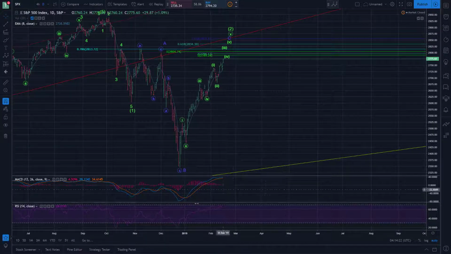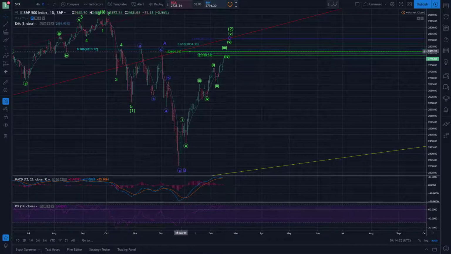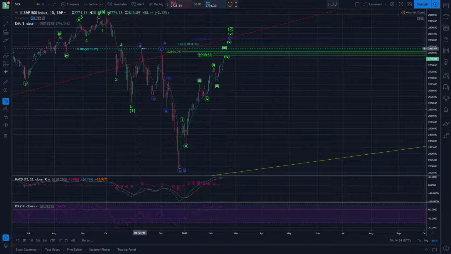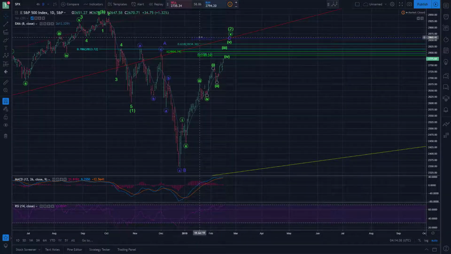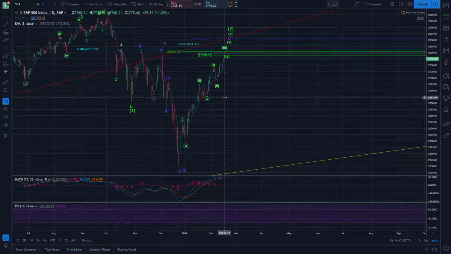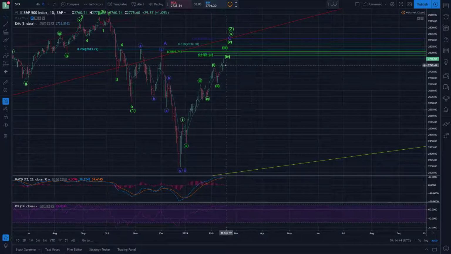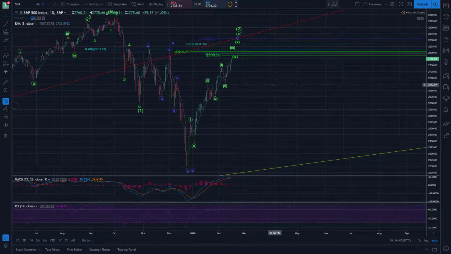But before any of that's really important, we have to look for a reaction in this significant area with all these different relationships lining up, and also this trend line, and just the most basic of previous highs and resistance coming into play here right away. I think this is a very interesting area to look for a pivot, but it's still going up for now, and there's no sign of a reversal.